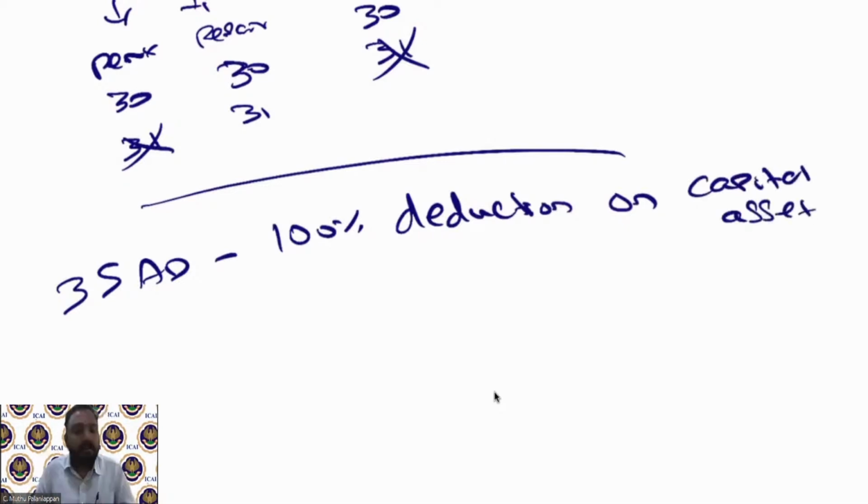Okay, I am eligible for 100% deduction. So the moment I claim 100% deduction, my value becomes nil. So I am not claiming any depreciation.